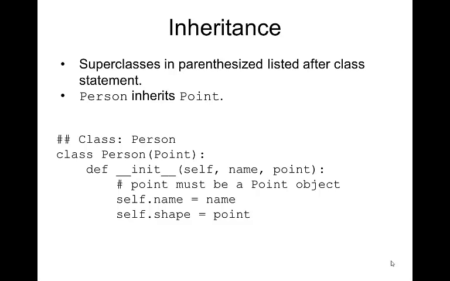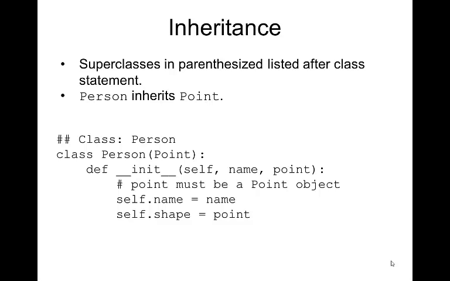Here is the initiation method for Person. We have self, always have self. We pass in the name argument, the name of the person, and we also pass in another argument here called point, which is a Point object, because you're going to pass in a Point object that's going to be part of the Person object.